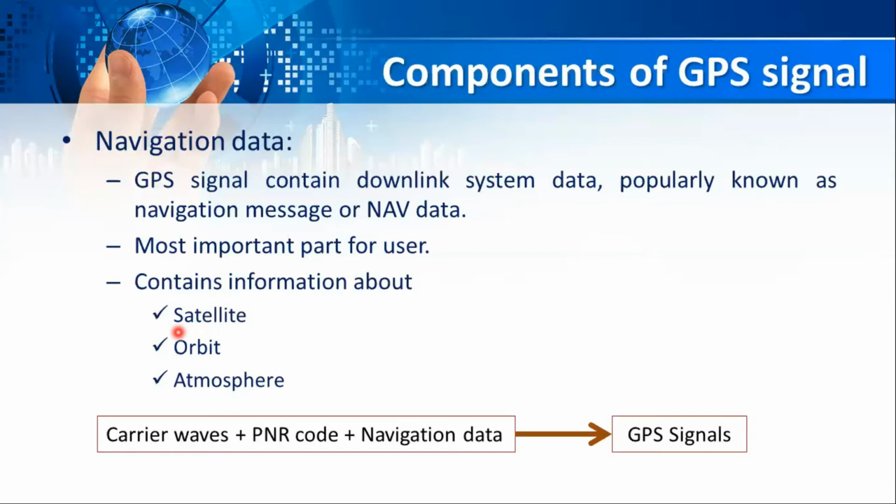It also gives us information about the orbit of the satellite, which means it gives the position of the satellite in space. This is one of the most important things which helps us in locating one particular place or position on the Earth's surface or anywhere.